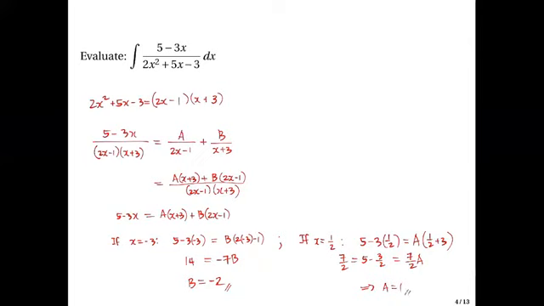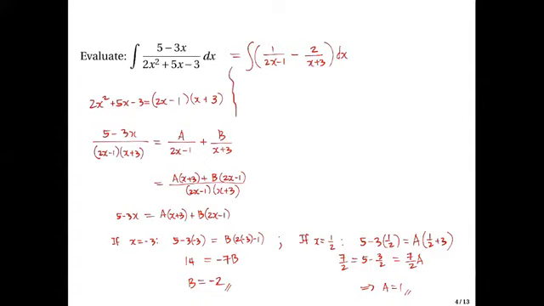Therefore, our integral now becomes the integral of A, which is 1, so 1 over (2x minus 1), and then B, it's minus 2, so we have minus 2 over (x plus 3) dx.